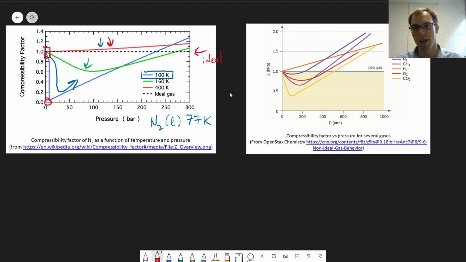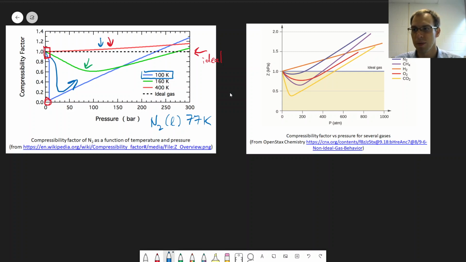So that's looking at one gas and changing temperatures and pressures. The other thing we can do is look at different types of gases. On the right figure, we have several different kinds of gases. Nitrogen is on here again as well, but we also have things like methane, hydrogen, oxygen, carbon dioxide.